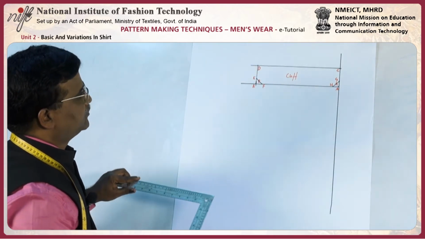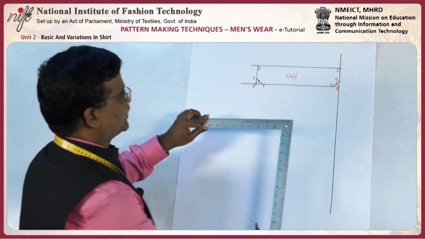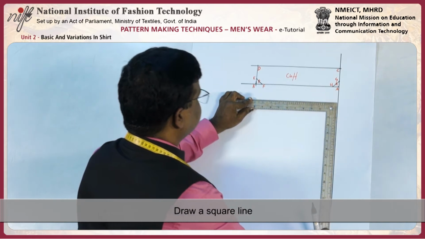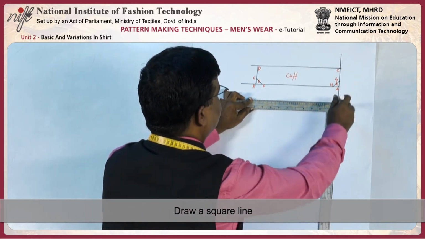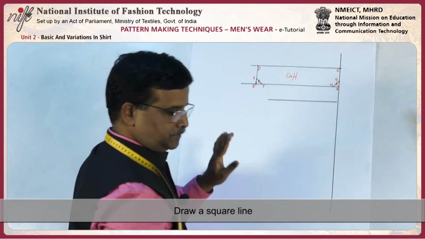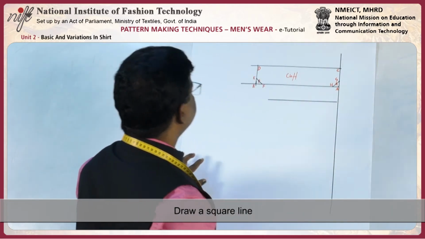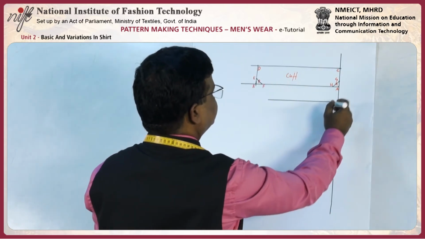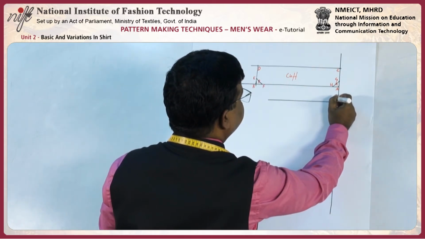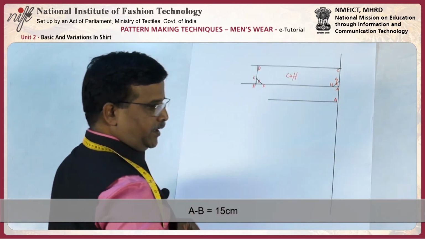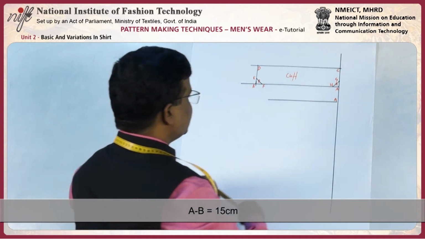Let us draft now the cuff placket. Draw a square line. Label A. A to B, 15 centimeter.